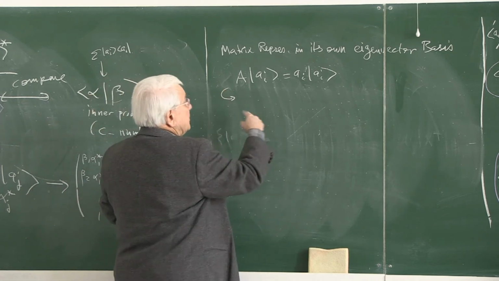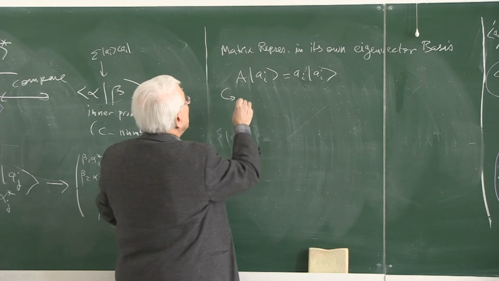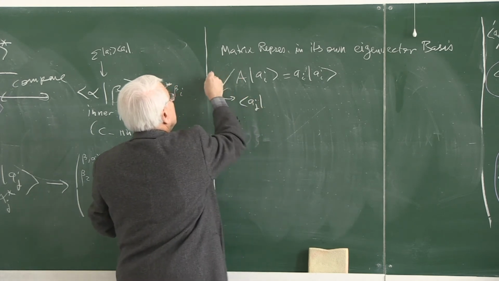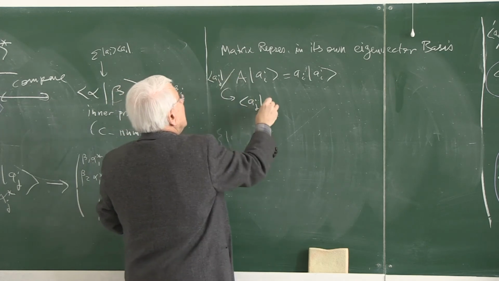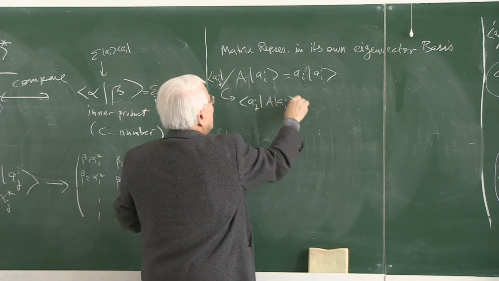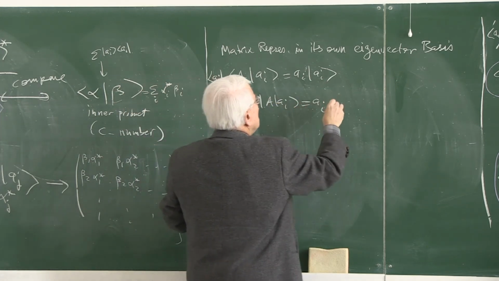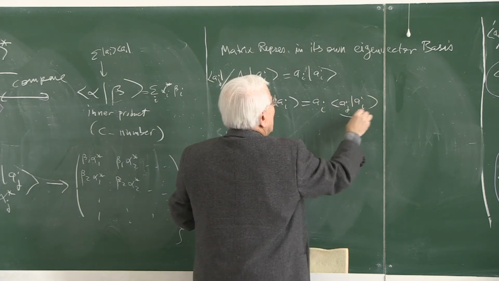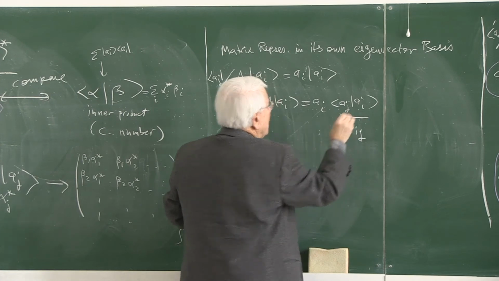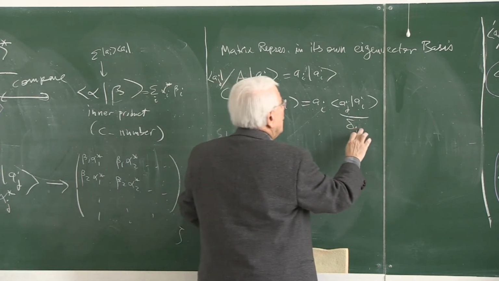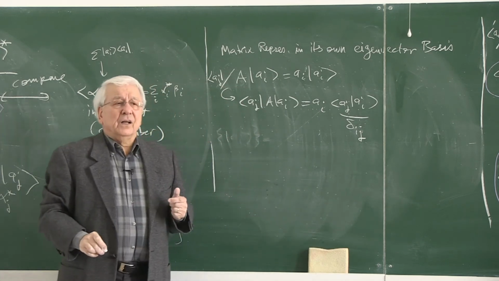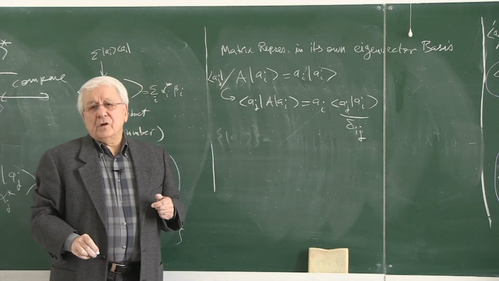It's a trivial thing, but I will do something better. So let me do the quick one first. I project this on A_J. On the right-hand side, this is the number, <A_J|A_I>, using the orthonormality of the eigenvectors of the Hermitian operator.